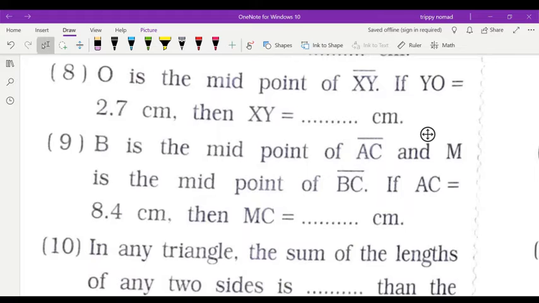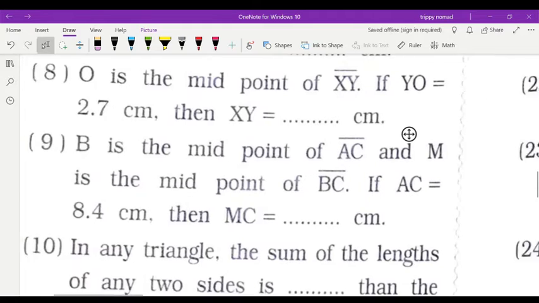So you have to be clear in your mind which point is the midpoint of which line segment, and that will divide the line segment into two equal parts. There are two midpoints. First they have given AC, and the midpoint of AC is B.